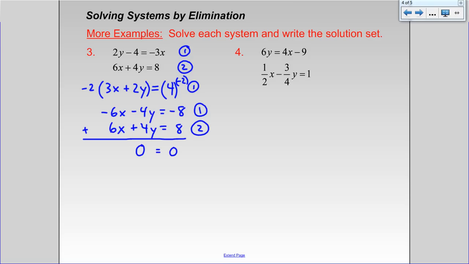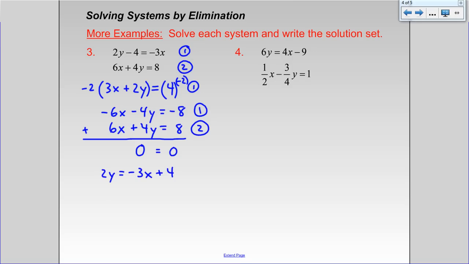So we've obtained an equation that is always true. What this means is we have an infinite solution set. These two equations are equivalent. Therefore, we will write our solution set using set builder notation. Let's go back to the original version of equation 1 and isolate y. If we add 4 to both sides of our original version of equation 1, we have 2y equals negative 3x plus 4.